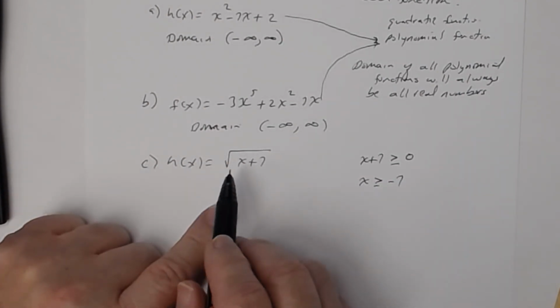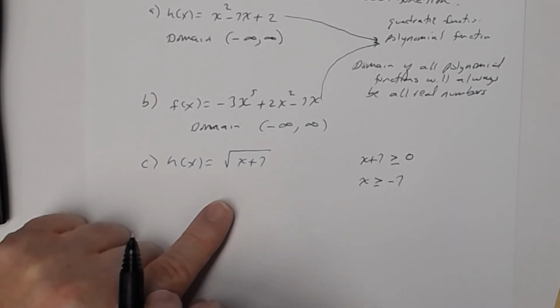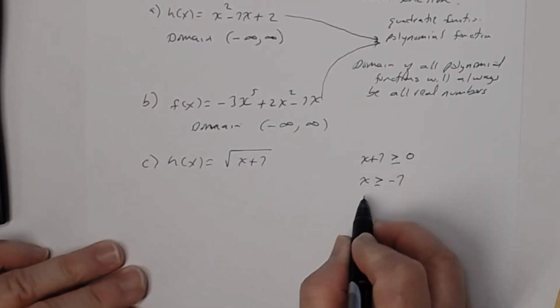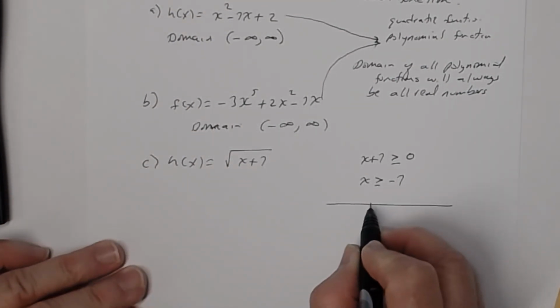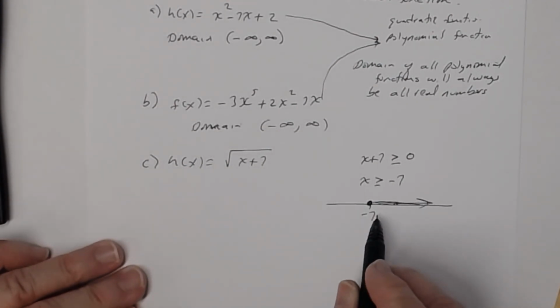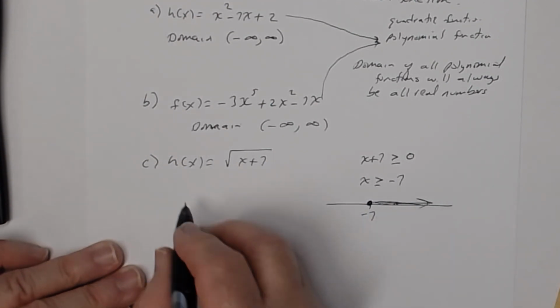So any real number greater than or equal to negative 7 is going to be in the domain. In terms of interval notation, here's negative 7, and since there's an equal sign, it's a closed circle, and you're going to the right. So your interval notation is from negative 7 all the way to infinity.